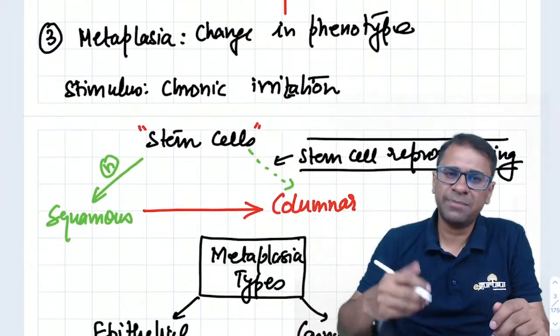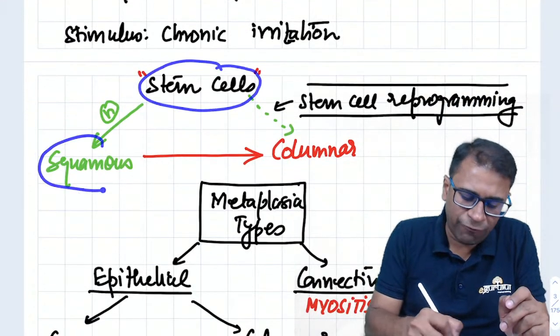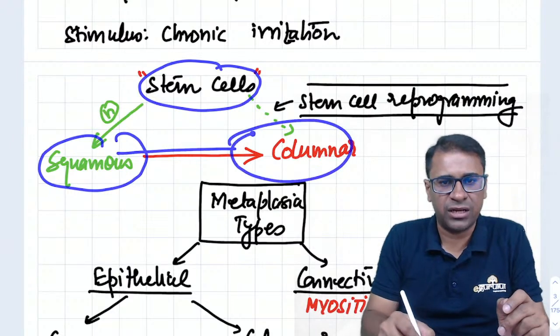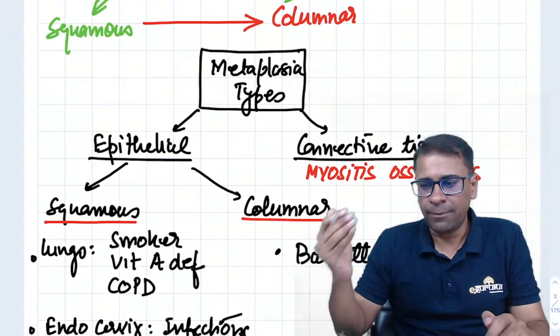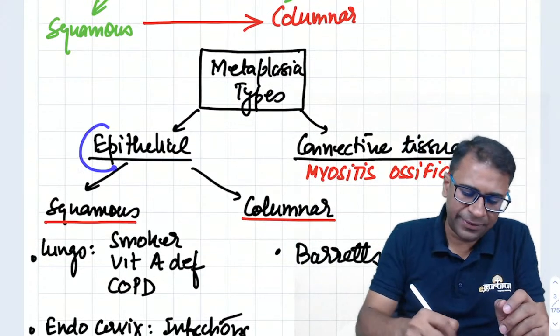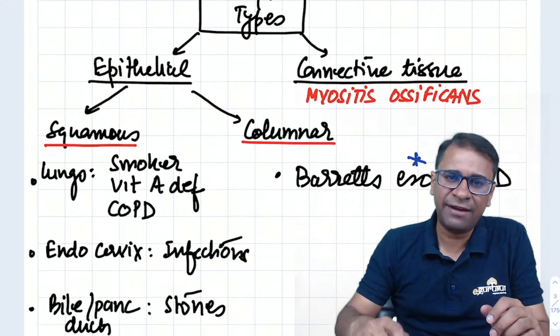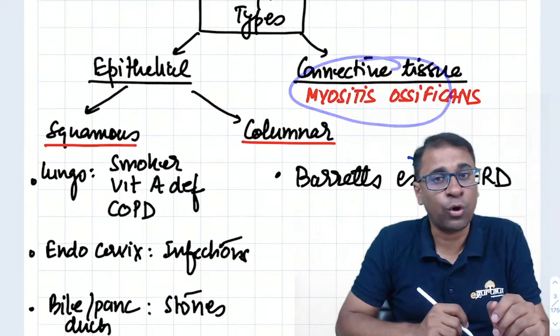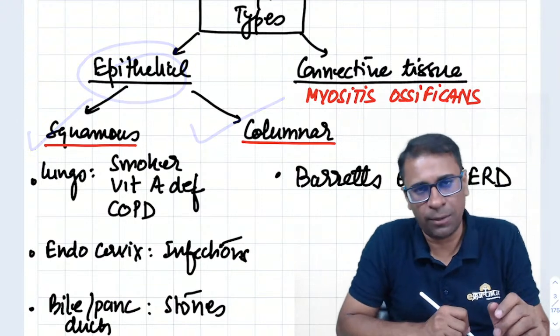The third example is metaplasia, in which the stem cell will change from one type of mature cell to another type of mature cell. The cause is stem cell reprogramming. Metaplasia is of two types: epithelial and connective tissue metaplasia. The only example of connective tissue metaplasia is myositis ossificans. Epithelial metaplasia can be squamous or columnar.